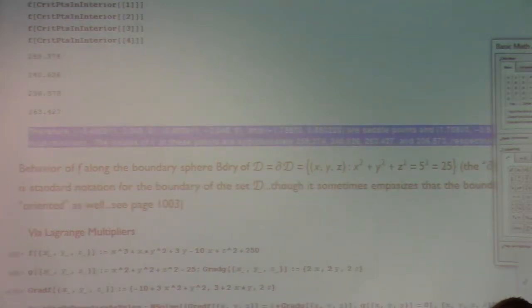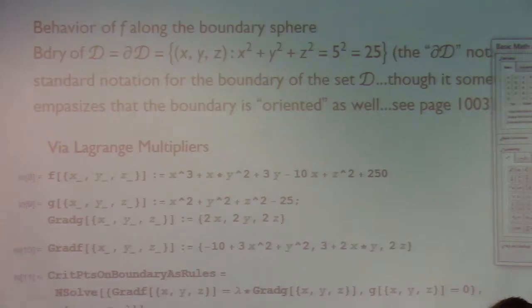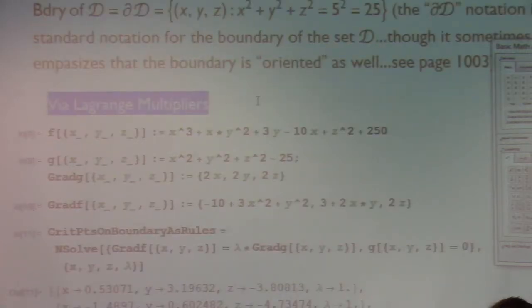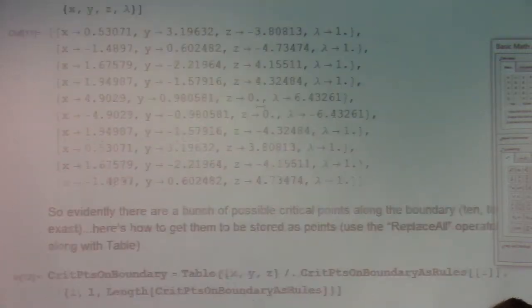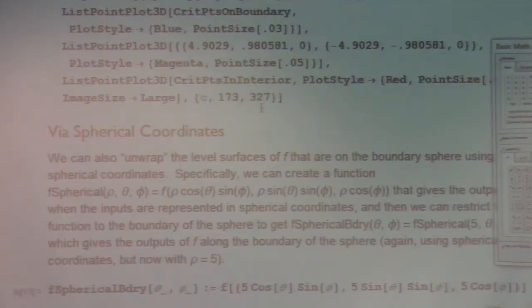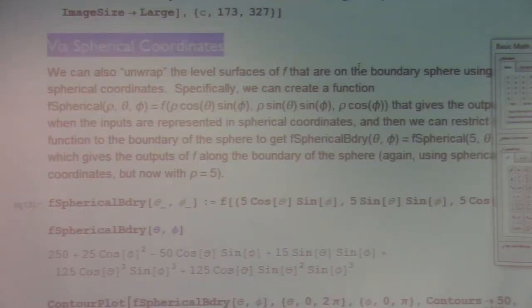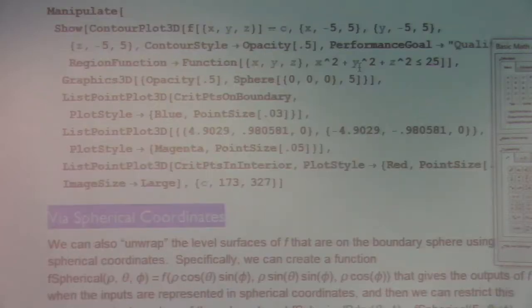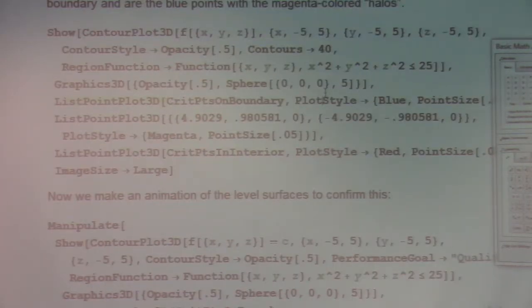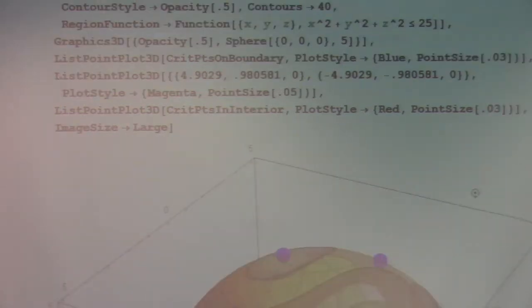What about critical points along the boundary? You can once again use Lagrange multipliers if you want. Or instead of cylindrical coordinates, you can use spherical coordinates. Here's a picture of what it looks like with the two different kinds of graphs I showed you before. So now again, the function is being defined on the solid sphere that you see.